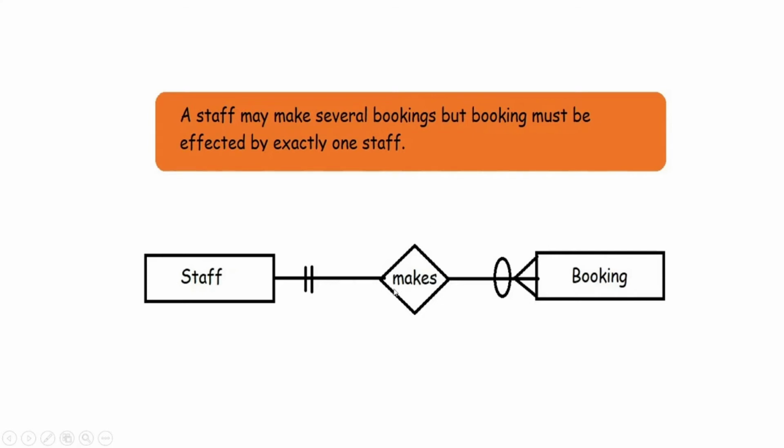So staff makes, may make many booking. Each staff may make many booking. It is how it is read. Each booking is made by exactly one staff.